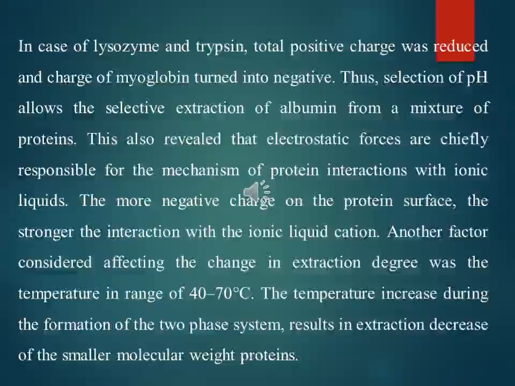Thus, selection of a pH allows the selective extraction of albumin from a mixture of proteins. This also revealed that electrostatic forces are chiefly responsible for the mechanism of protein interactions with ionic liquids. The more negative charge on the protein surface, the stronger the interactions with the ionic liquid cation.